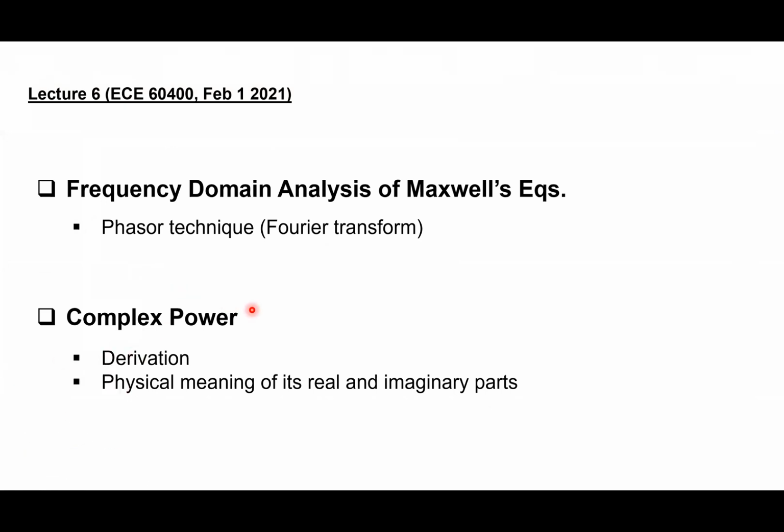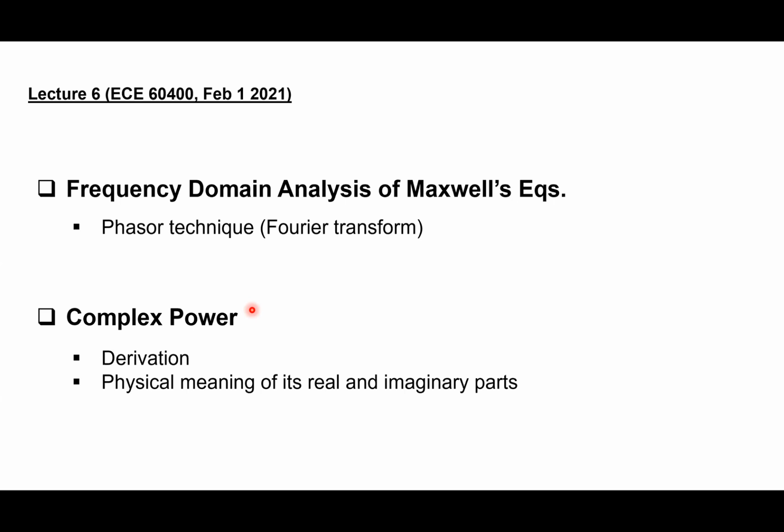Yeah, today we are going to discuss two important topics. One is frequency domain analysis of Maxwell's equations. Actually, this topic, I think, is very important. That's because it's quite a standard approach in electromagnetic society to deal with practical problems, but also it's gonna serve as a basis for the rest of these courses.